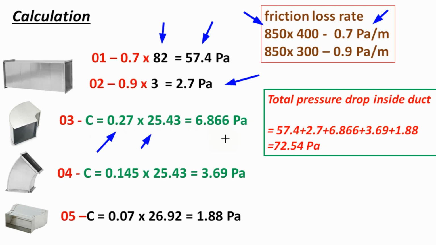Then the total pressure drop inside this elbow is 6.866 Pascal. Similarly, for 45-degree elbow, the total pressure drop value is 3.69 Pascal. For transition piece, total pressure drop is 1.88 Pascal. When we add all these values, we find the total pressure drop inside the total duct is 72.54 Pascal.